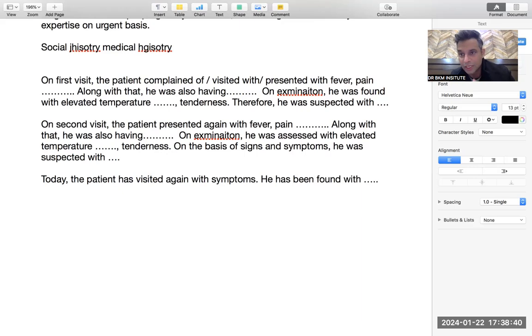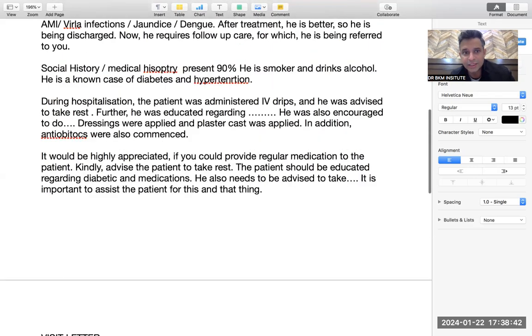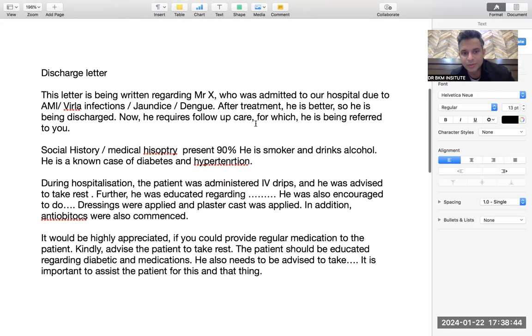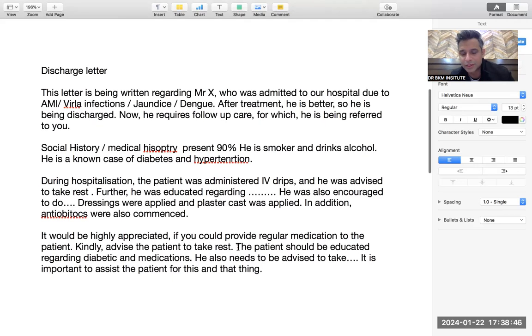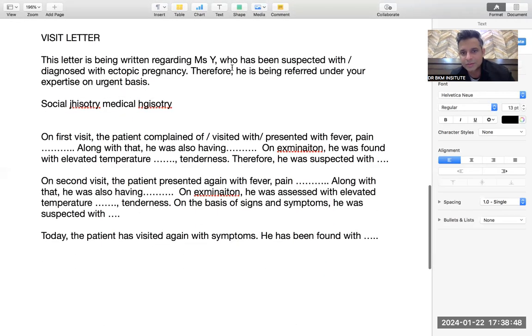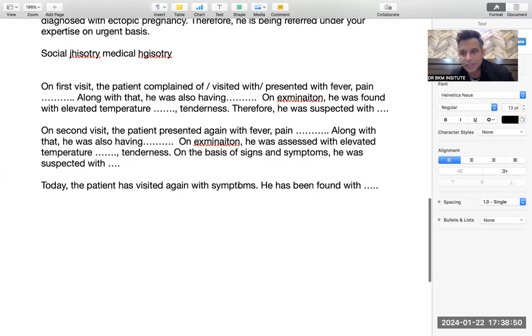Now we are talking about the last paragraph. Like in this also, first paragraph was purpose and last paragraph was purpose. In the same way, this paragraph was purpose and the last paragraph was detailed purpose. He has been found with this. Therefore, he has been suspected with this.